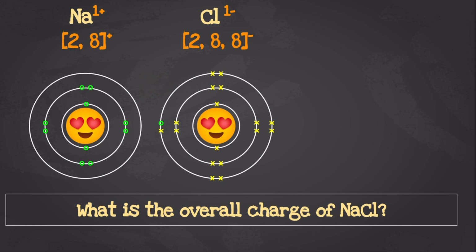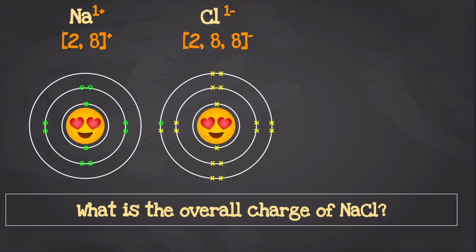Okay, so that's why it has a charge of 1 plus, because it has one extra proton. While chlorine now has one extra electron. That's why its charge is 1 negative.